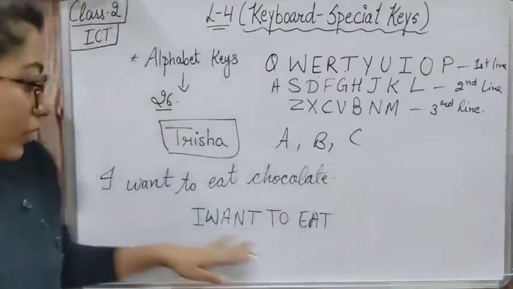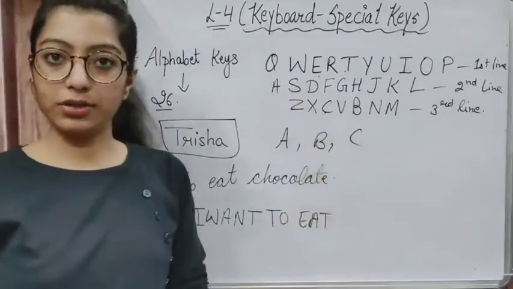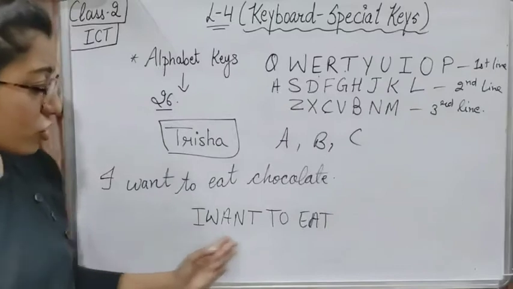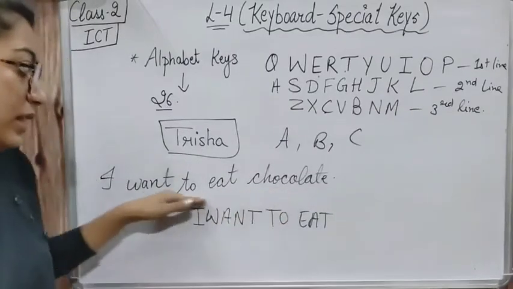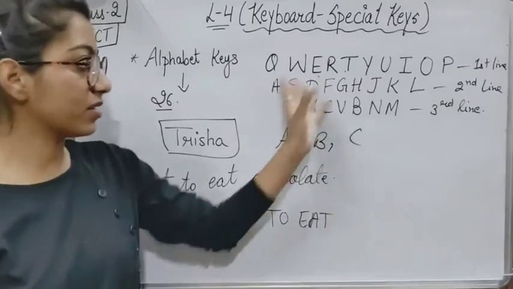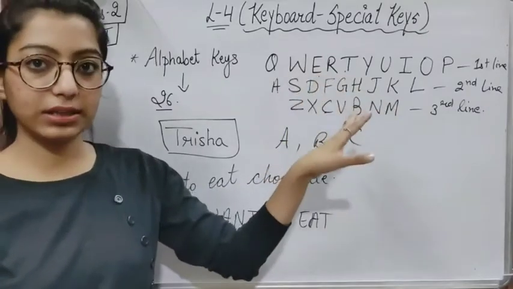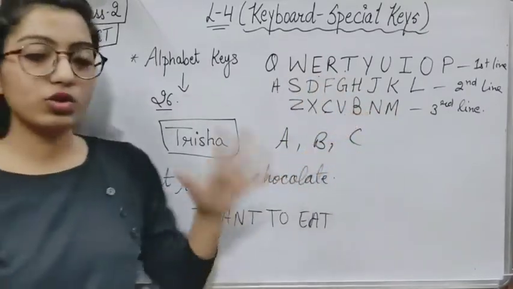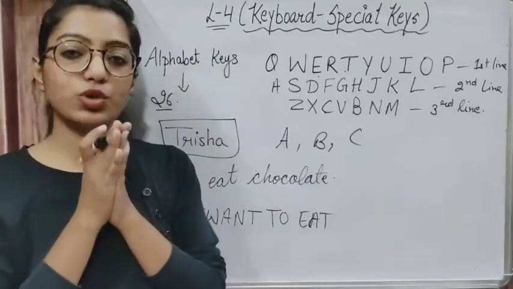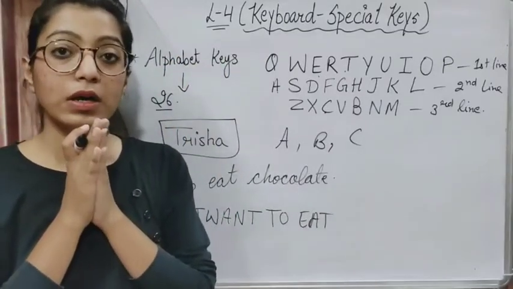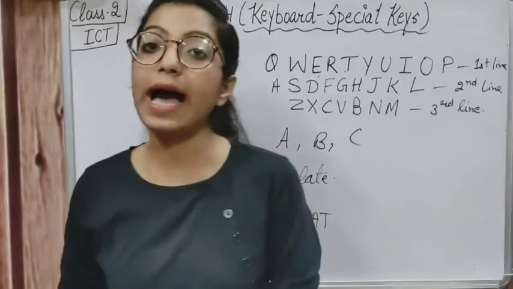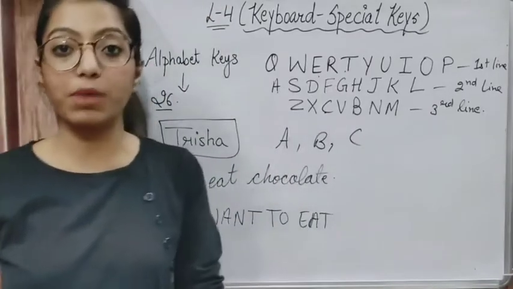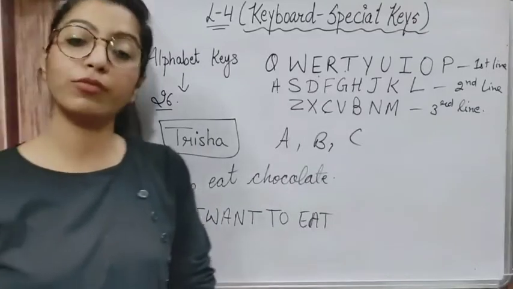But see, if I am writing continuously, there is no space between them. है ना, इसमें तो space दिख रहा है जो मैंने खुद से लिखा. But if I type exactly like this by pressing the keys, जो भी सारे words हैं वो एक साथ merge हो जाएंगे, right? To show them separately, we have to press the space bar button after writing one word.